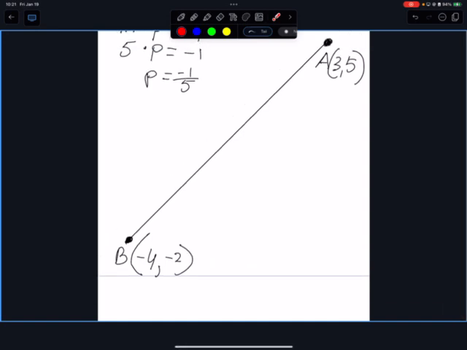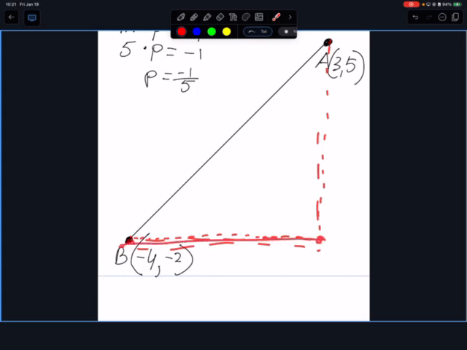So if this is the question, find the length of this specific line, you have to do Pythagoras theorem. The distance from -4 to 3 is 7.